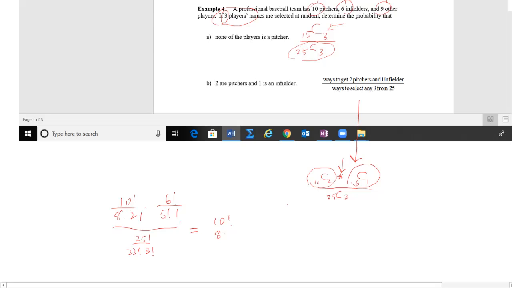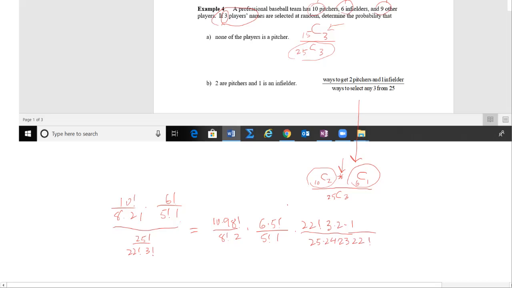I'm going to start rewriting here just because I need to start simplifying. So that numerator, I'm going to have a 10 times 9 times 8 factorial over 8 factorial and a 2. Here I have a 6 times 5 factorial over 5 factorial 1. And that denominator is 22 factorial with a 3 factorial, 3, 2, 1. And then underneath it would be 25, 24, 23, 22 factorial.